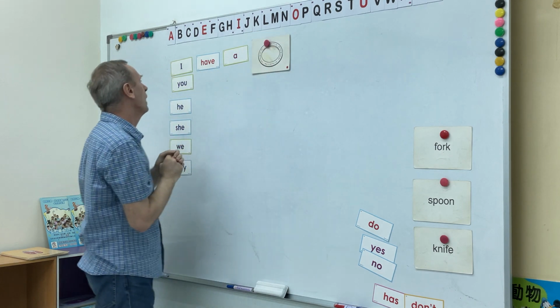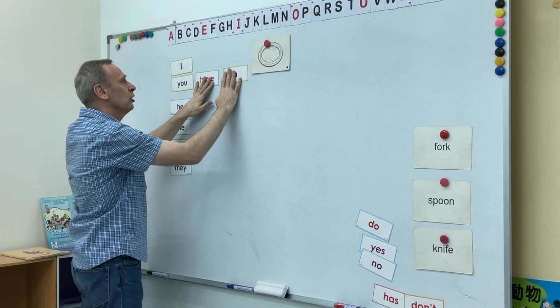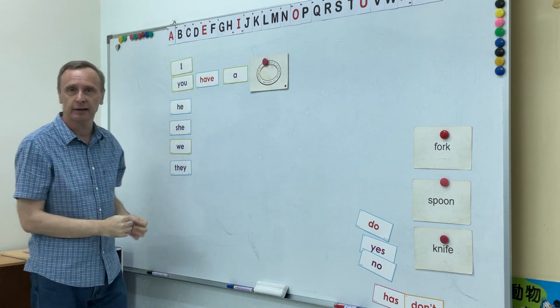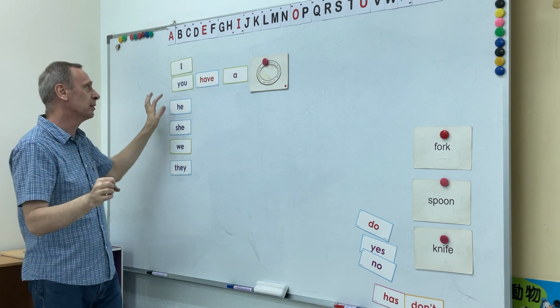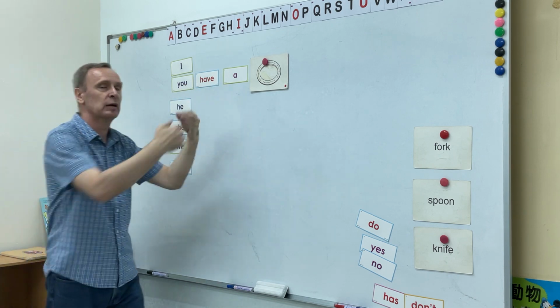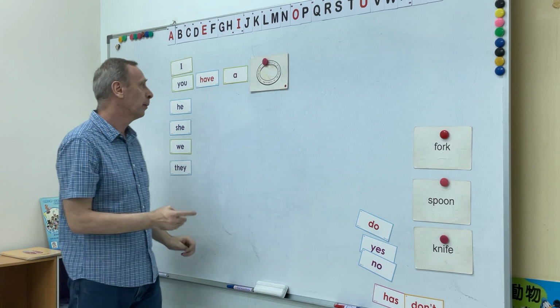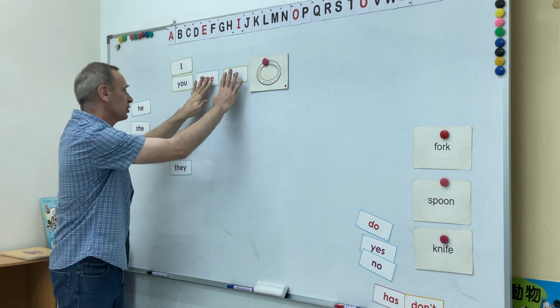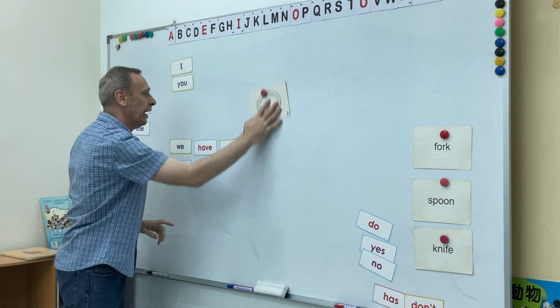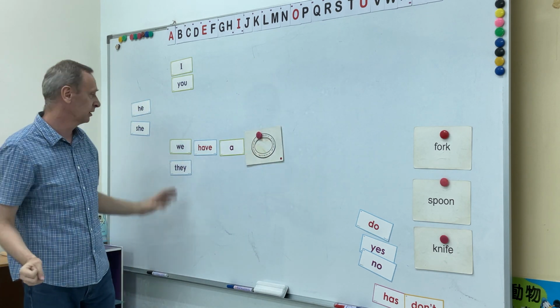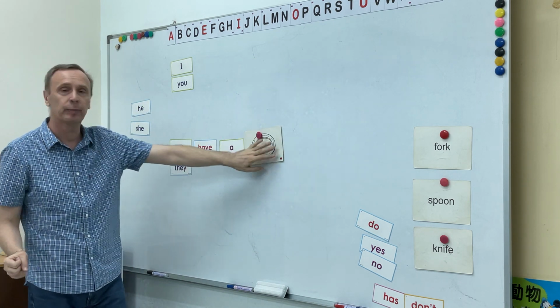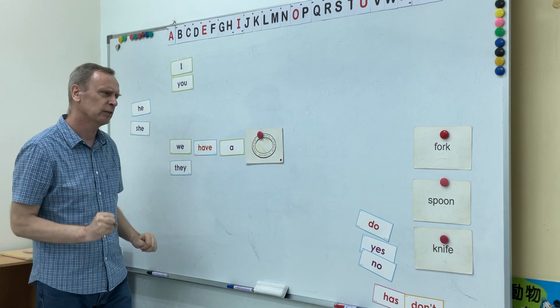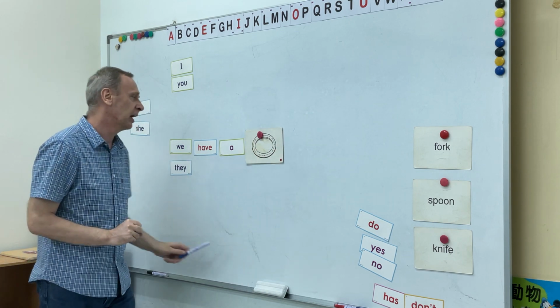It's very easy. Over here, we're going to say, you have a plate. Say it one more time. You have a plate. But he and she, for a moment, we're going to put them over there. Right now we're going to go like this. We have a plate. One plate for two people is not enough.